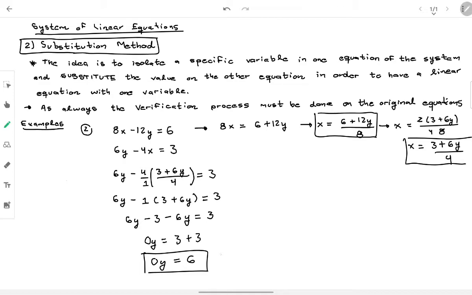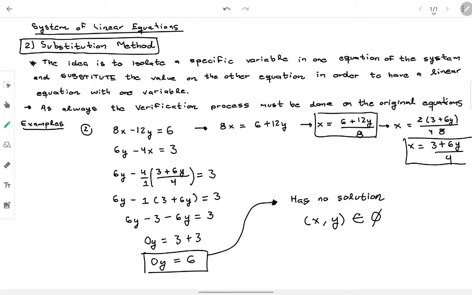So in this case, since there is not a specific value for y, we can say that this system has no solution. Or we can say also that x comma y belongs to an empty set. Why?